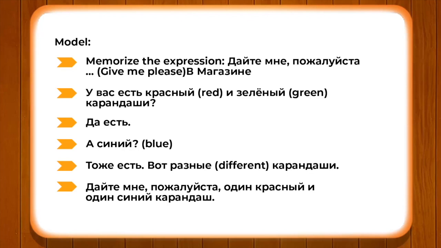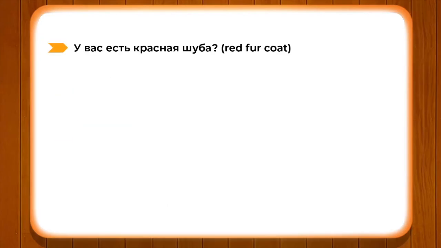Okay, so now let's pay attention to some of the important constructions. Please pay attention while I pronounce it for you. У вас есть красная шуба? Шуба is a very famous item in Russia. It means fur coat. So красная шуба, red fur coat. It can be any other color, but шуба in itself is a fur coat, which is very popular because of the cold climate. Да, вот она. Yes, here it is.